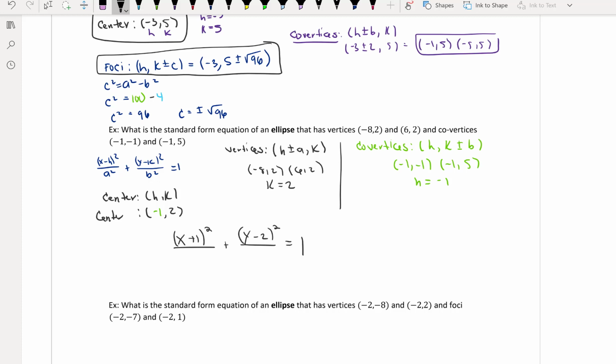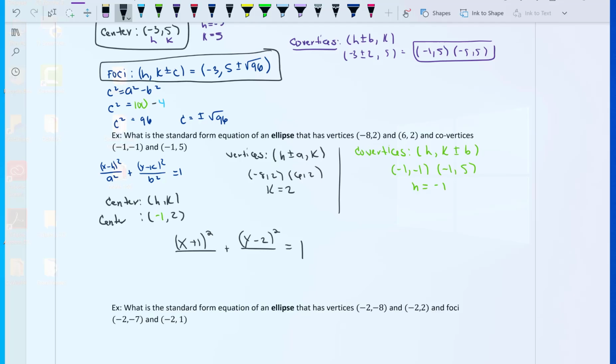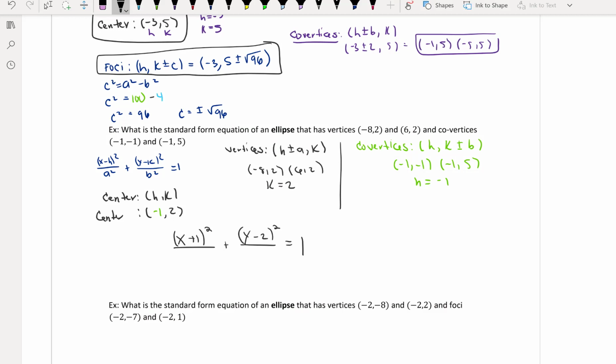So what I need to find is my a squared and my b squared. So let's think about this for just a little. Since I have my covertices where it's plus or minus b, then I know a few things.